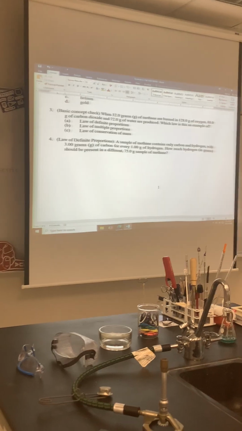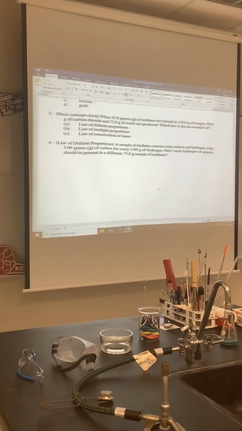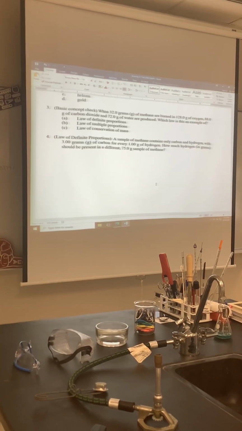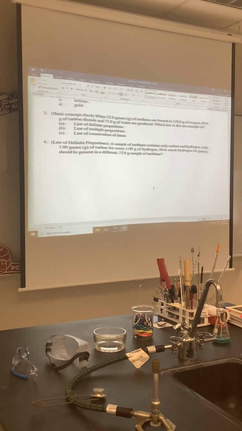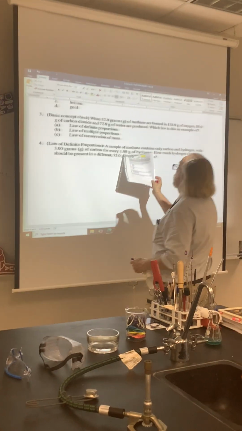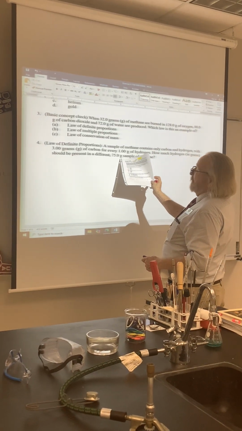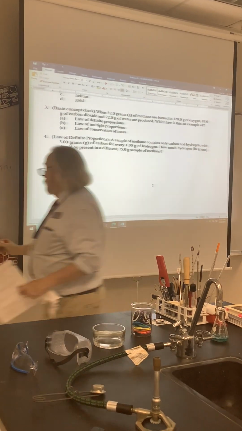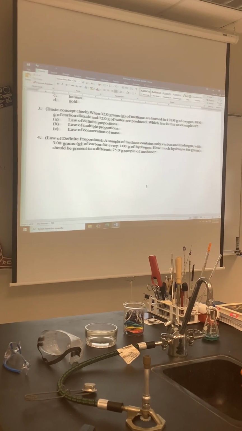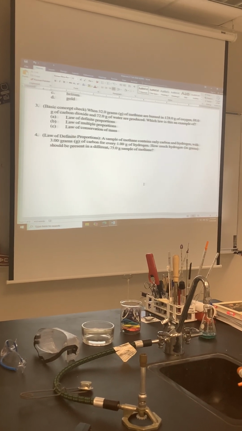And 75 divided by 4 is equal to 18.75 grams of hydrogen. Now, to be a bit more accurate, I have 3 significant figures here, 3 significant figures here. So the best answer would be 18.8 grams of hydrogen.